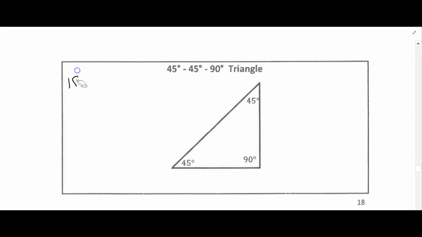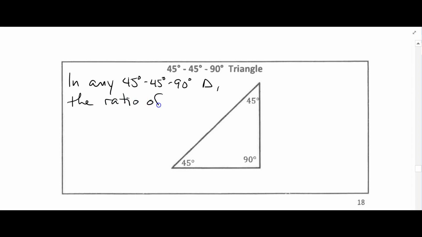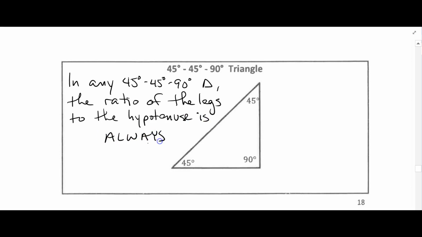So in any 45, 45, 90 triangle, the ratio of the legs to the hypotenuse is always 1 to 1 to root 2.